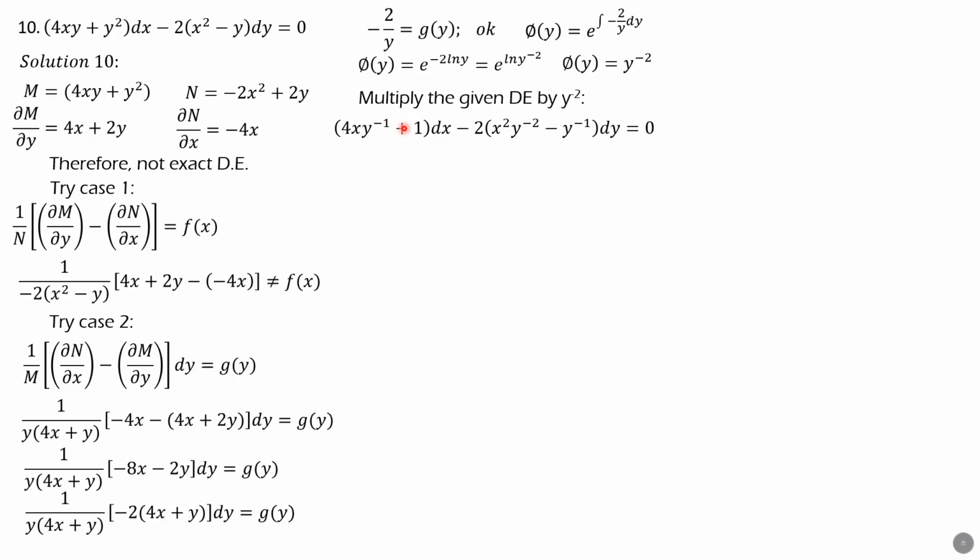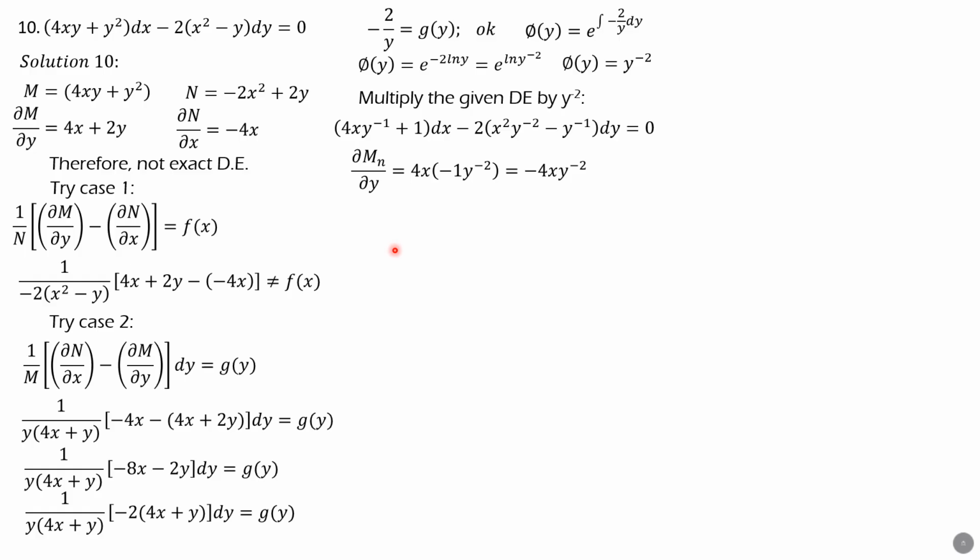So this is the new M sub n, capital M sub n. This is the new N sub n. So the partial derivative of M sub n with respect to y would be 4x. The derivative of this is negative 1 times y to the negative 2. And therefore, it is equal to negative 4x y to the negative 2. So that's the partial derivative of this quantity with respect to y.